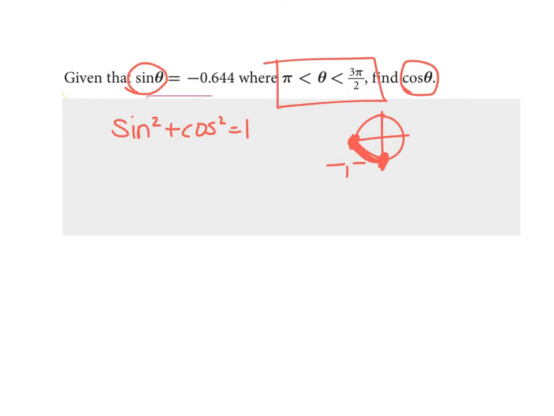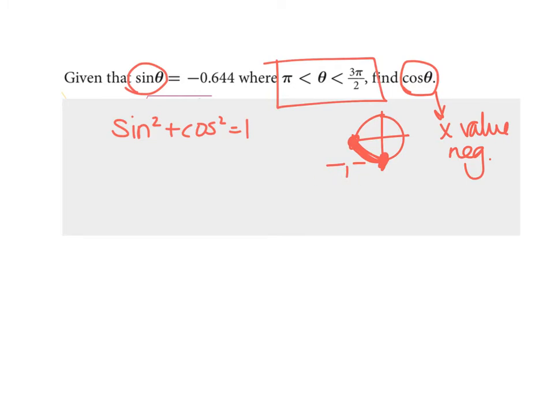Cosine is your x value, so I'm trying to find the x value here, and in this instance, the x value is negative. So that means my final answer is going to be negative. That's the only reason they tell you about this quadrant, to help you figure out if you should be getting a positive or a negative answer.